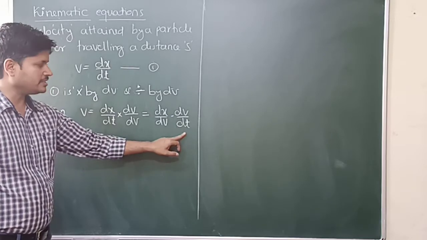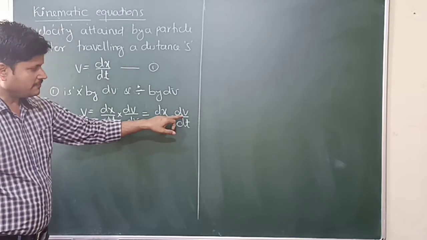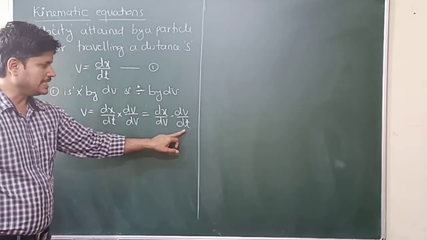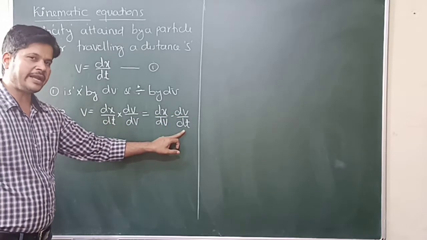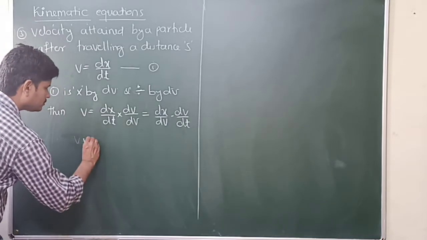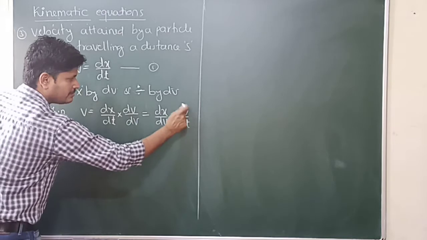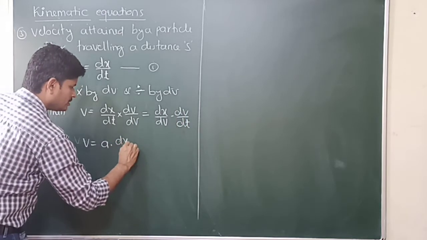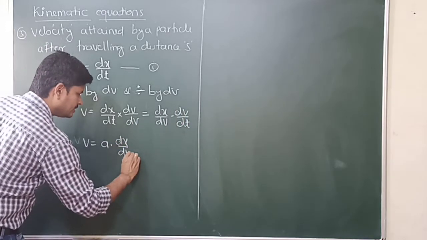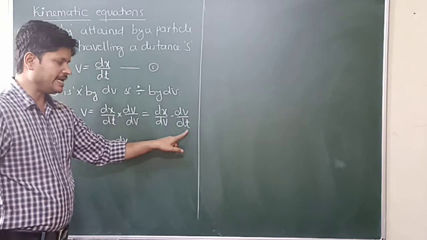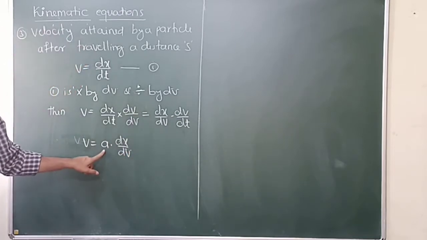I have interchanged this. But the differentiation of dv with respect to dt gives acceleration. Therefore, v is equal to a into dx by dv, correct? Because this dv by dt is acceleration.